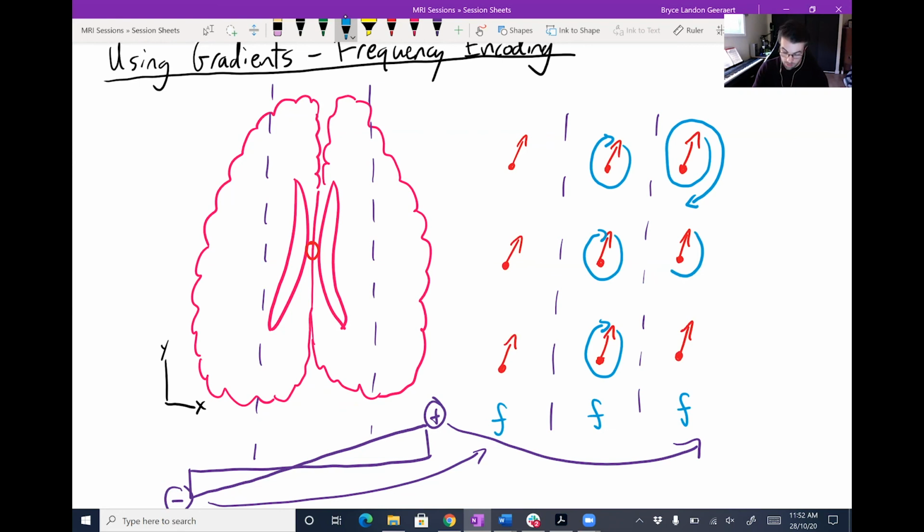And this is, again, very exaggerated just for illustrative purposes only. The actual differences between spins are much less pronounced than this, as you might expect. And then the ones on the left are going to be precessing more slowly.